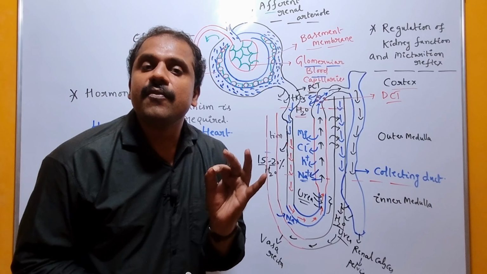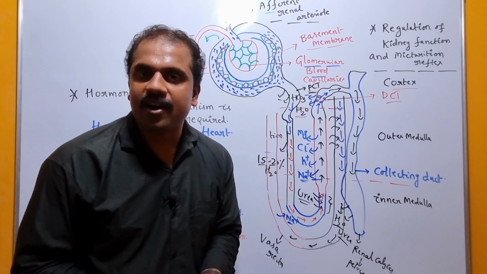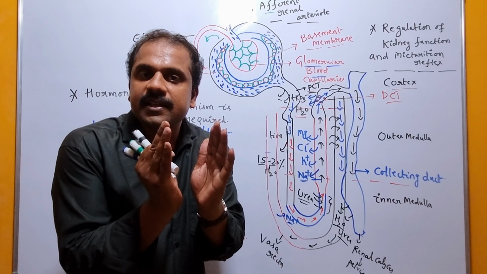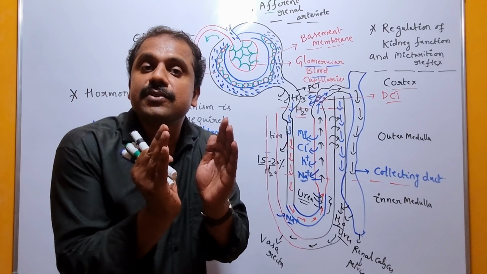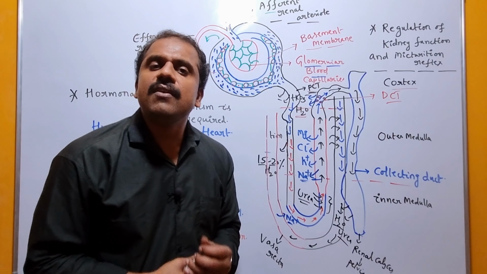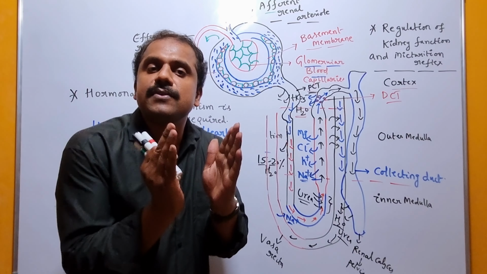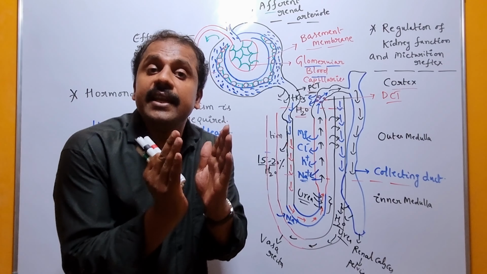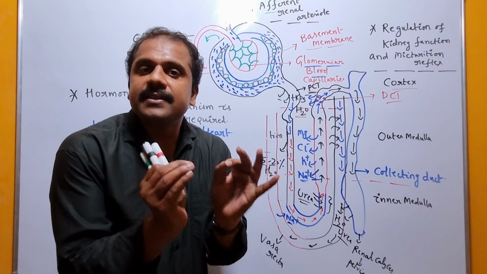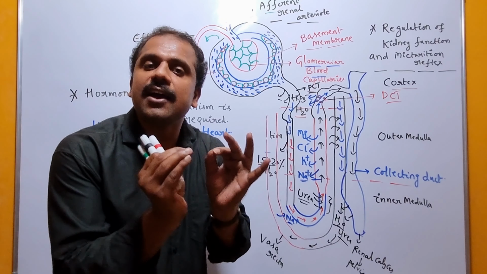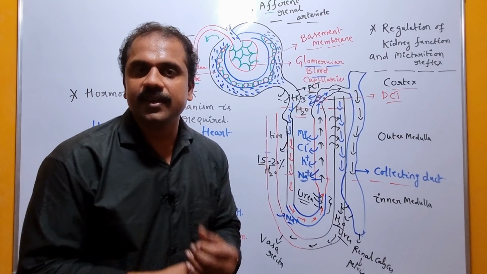That means in the presence of vasopressin, the walls of the blood vessels become narrow or constricted. Once the walls of the blood vessels become constricted, it in turn increases the blood pressure. Once the blood pressure increases, the glomerular filtration rate also increases.